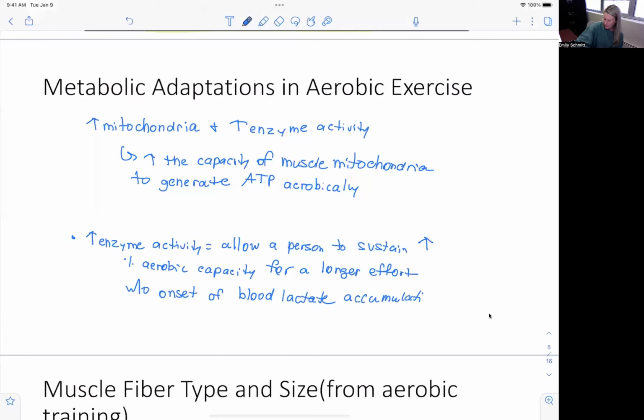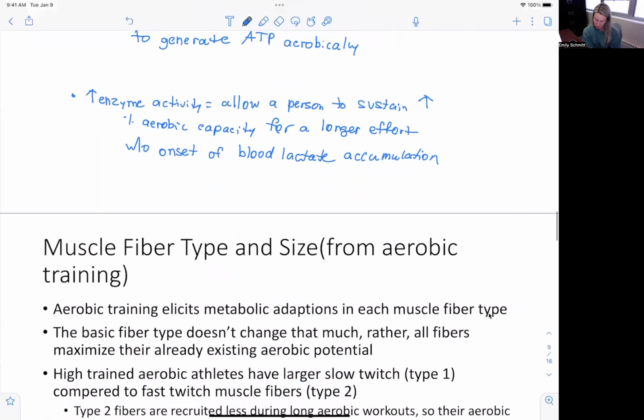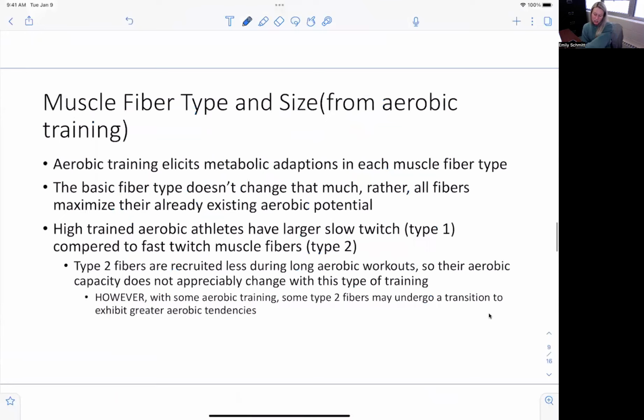So again, tying a lot of the concepts that we have discussed in this unit, allowing a person to sustain higher aerobic capacity for a longer effort without the onset of blood lactate acid accumulation. So that's that training right at that lactate threshold and what that is doing metabolically to help our bodies adapt to this aerobic exercise.